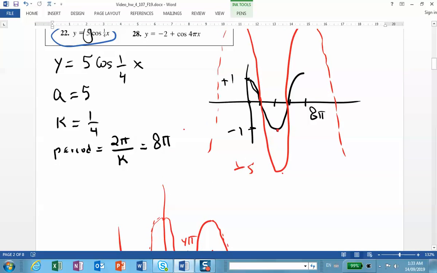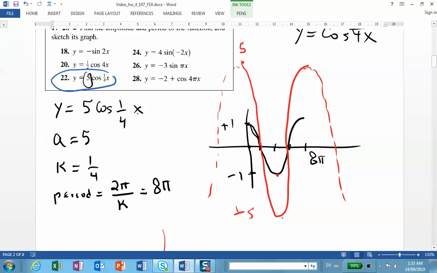How about doing this? 4 sine of minus 2x. Okay. Alright, let me first of all clean up this stuff. Let's clean this up. Just leave the stuff that we want.